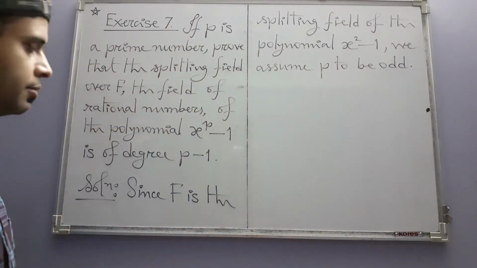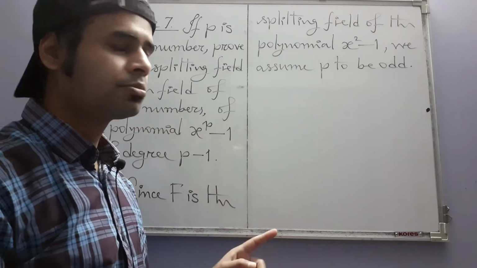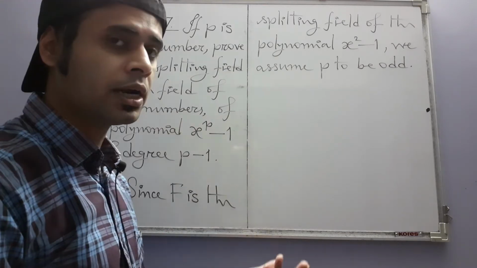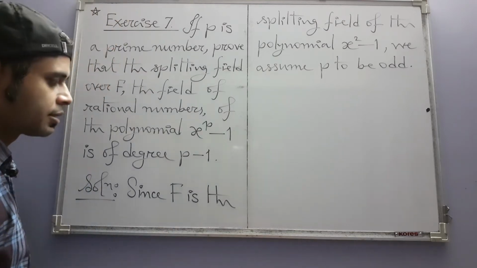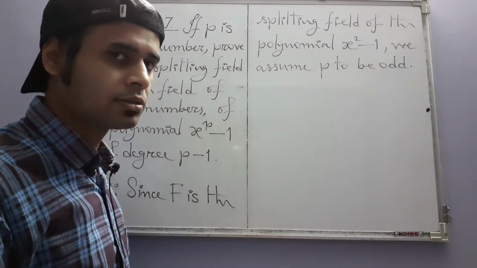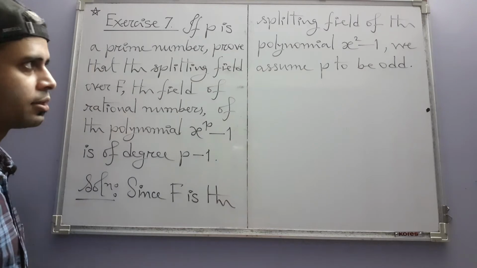What does it mean? We are saying that f is the splitting field of the polynomial x square minus 1. So that is why we can assume that p is an odd prime. That means the case where p is the even prime, 2 is the only even prime and it's the smallest prime, that in that case already the result is true.